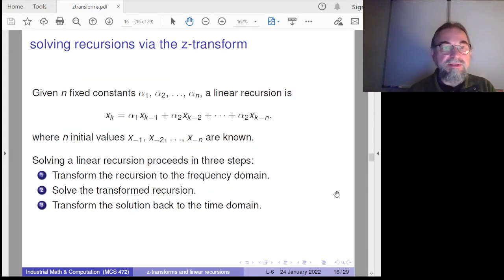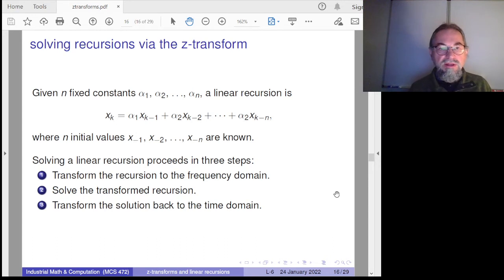Okay, so in general, we can solve recursions via the Z transform. First of all, what is a linear recursion? Well, we have fixed constants. The previous recursion was actually a very simple one, with only two constants.